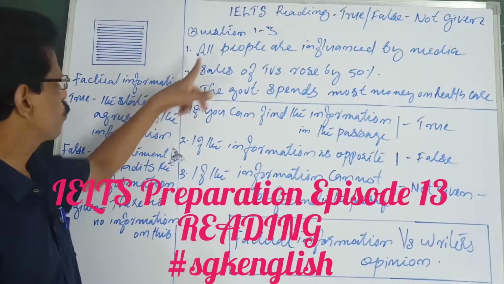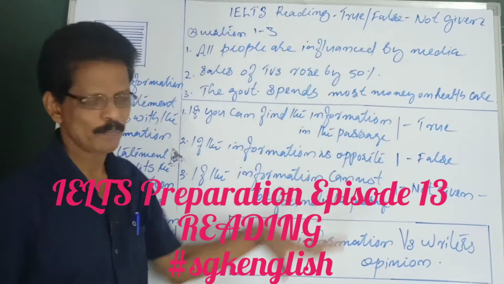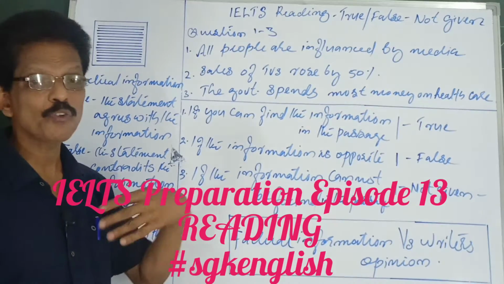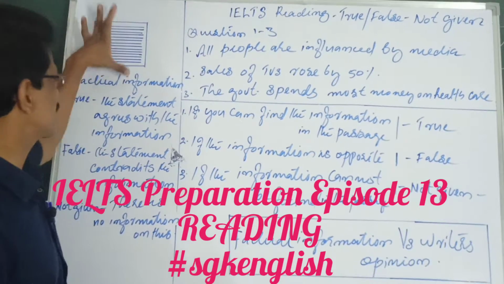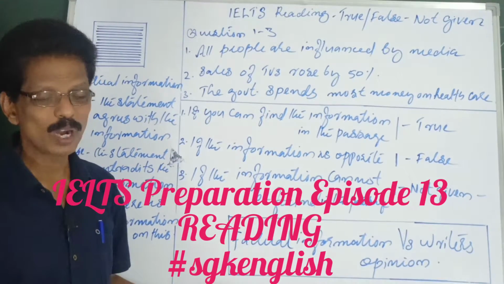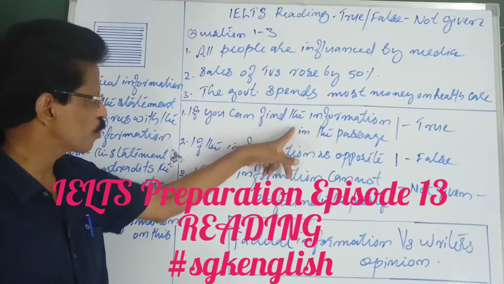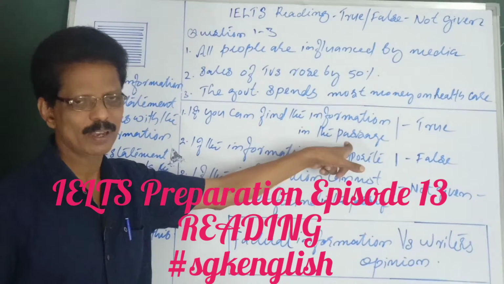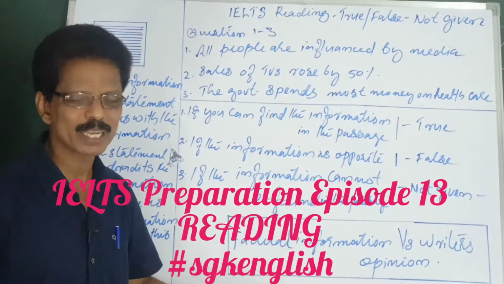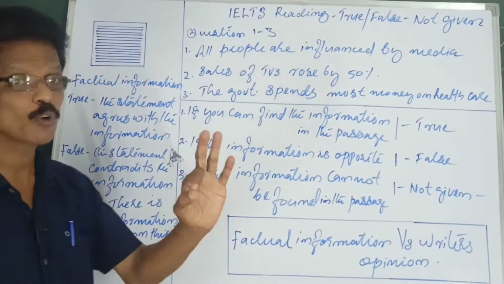The fact, for example, all people are influenced by media. This statement, this fact, can you find in the passage? It should be present there. Only then you can say true, if you can find the factual information in the passage, not what is meant by the writer.